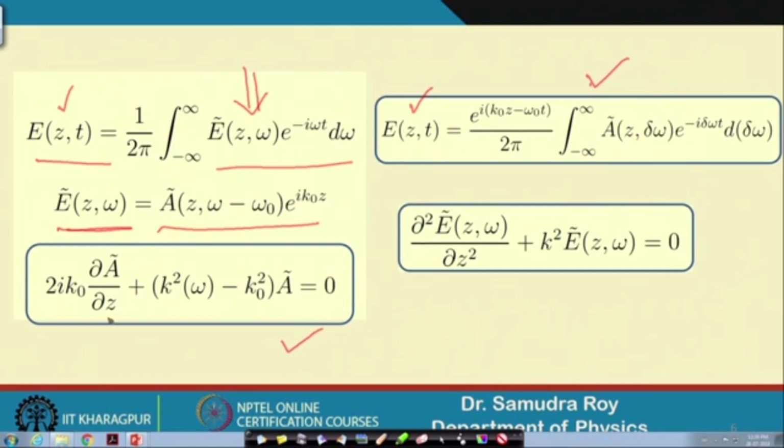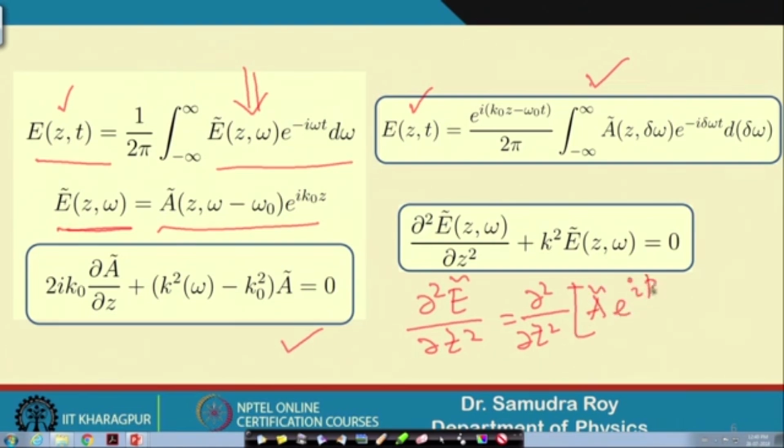In this derivation, please note one important thing. d2 dz square of E tilde is d2 dz square of A tilde times e to the power i k 0 z.